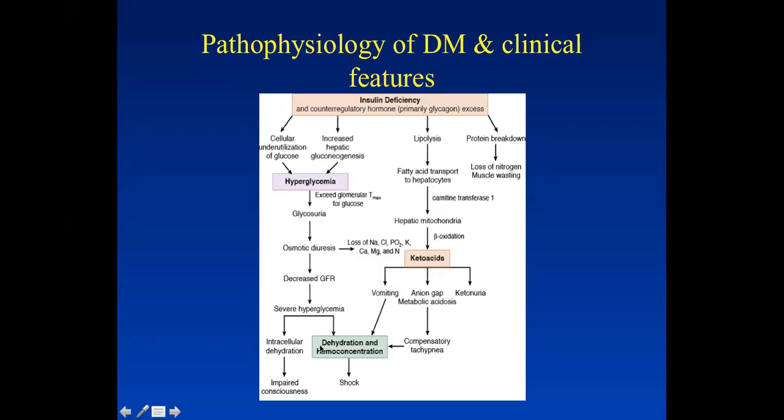They will have severe dehydration and hemoconcentration if the hyperglycemia is acute and severe. At the same time, because of the lack of insulin, they have lipolysis leading to ketone body formation, which can lead to ketoacidosis, and they have protein breakdown causing muscle wasting.